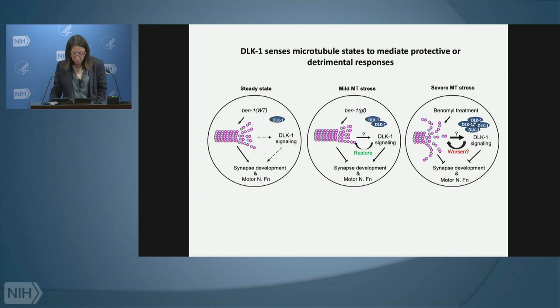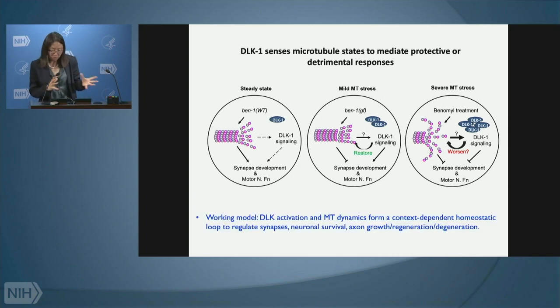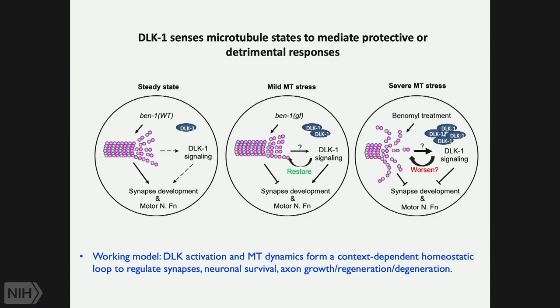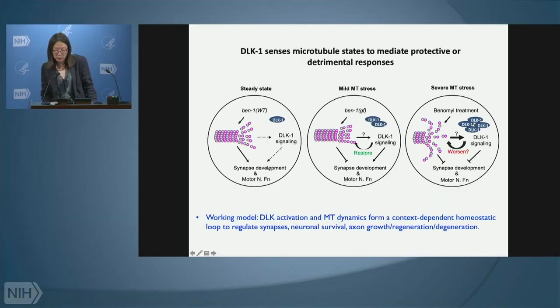So that leaves me with my working model, starting from one screen to another screen and roundabout testing our hypothesis using mouse models. We'd like to think that this stress kinase DLK, its activation is tightly coupled to microtubule dynamics, in a way associated with neuron-specific tubulin isoforms. At what mechanistic level this tight coupling works is the question mark; we do not know.